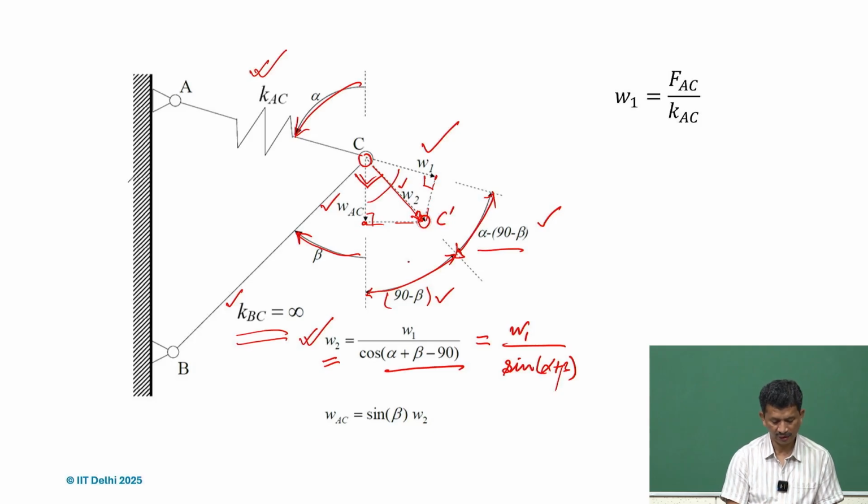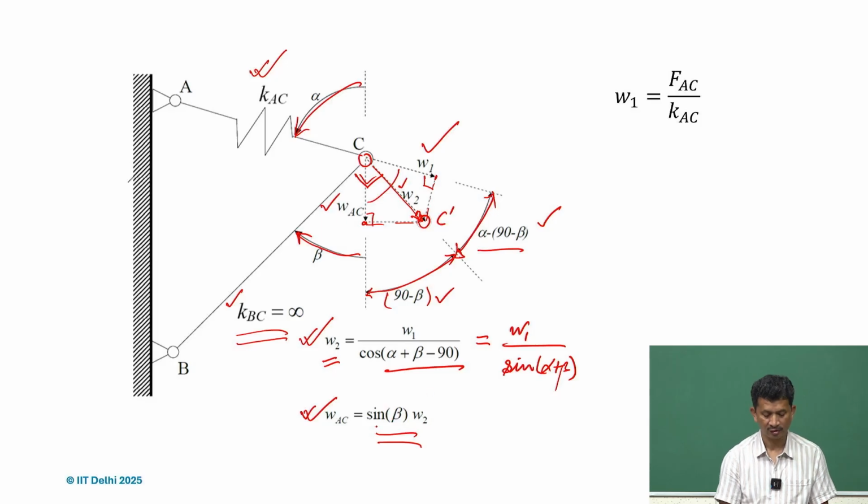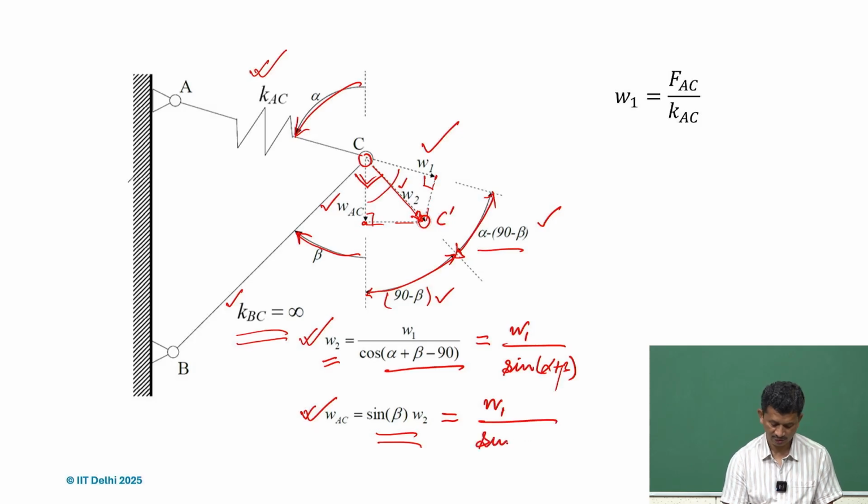But we also realize that WAC can also be written in terms of W2: W2 and this angle 90 minus beta cos, which becomes sin beta. So, we get W2 sin beta, and then we can write in terms of W1, where W2 is W1 by sin alpha plus beta, times sin beta.